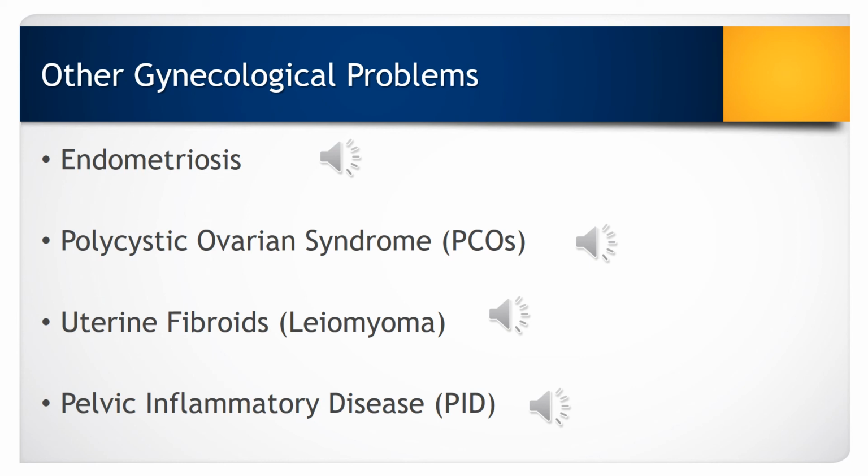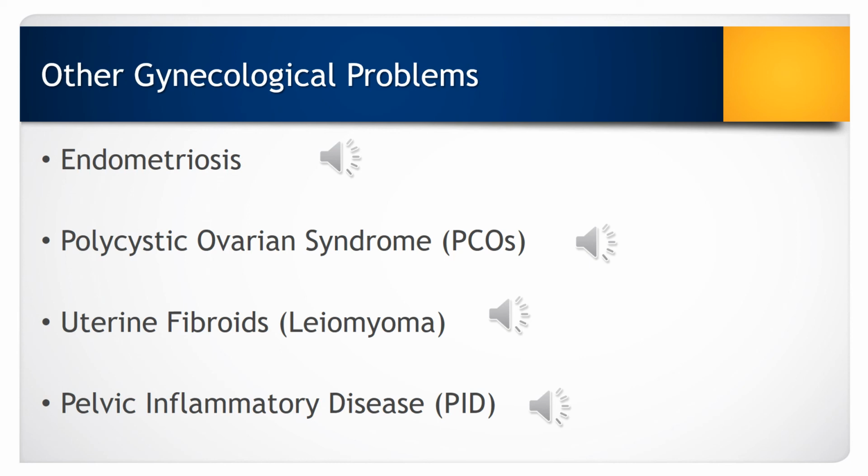Sometimes they can be on the outer part of the uterine wall. They vary in size as well as their location. They can be as small as an acorn and large enough where a woman may look like she is pregnant.